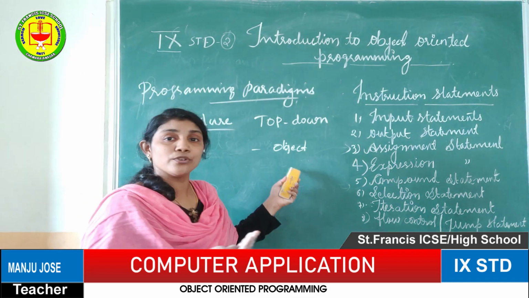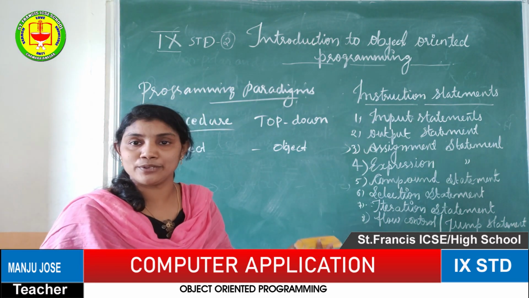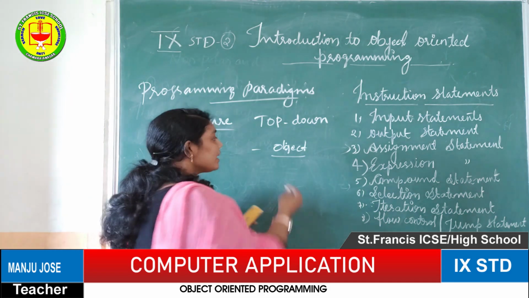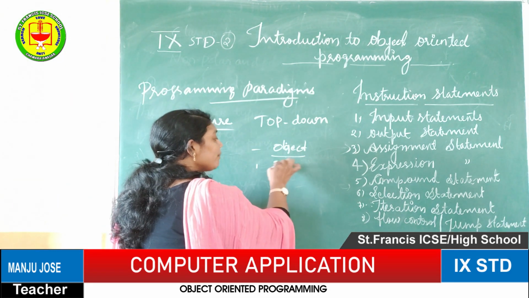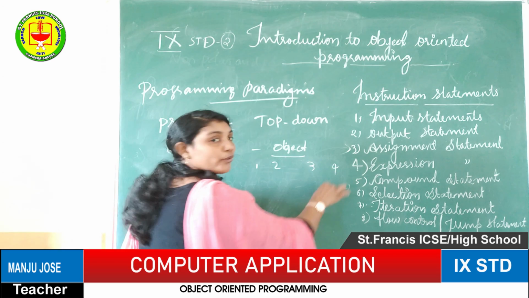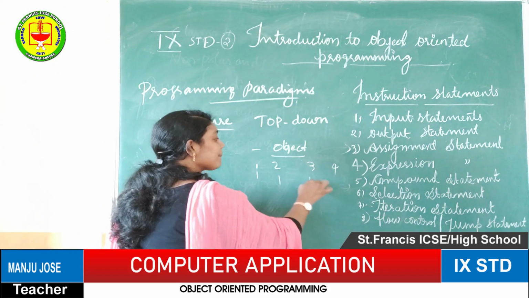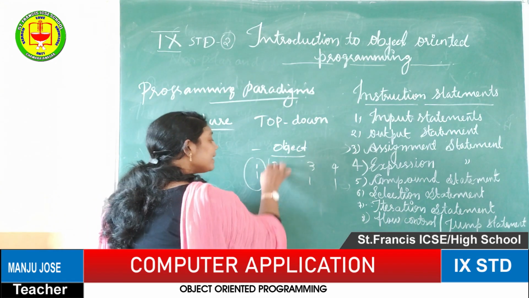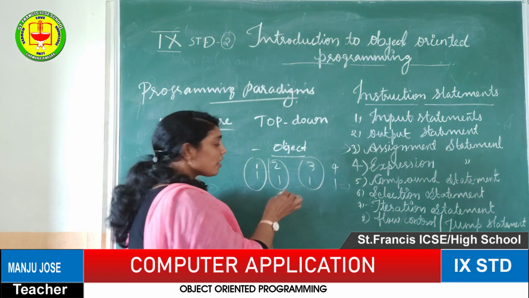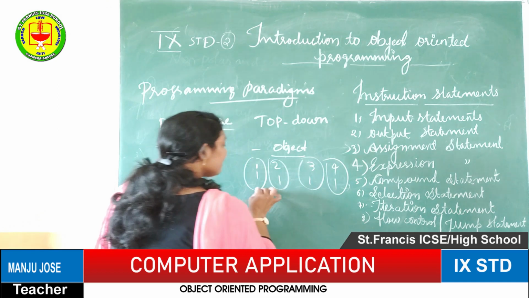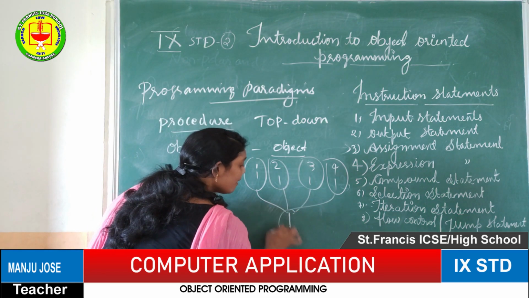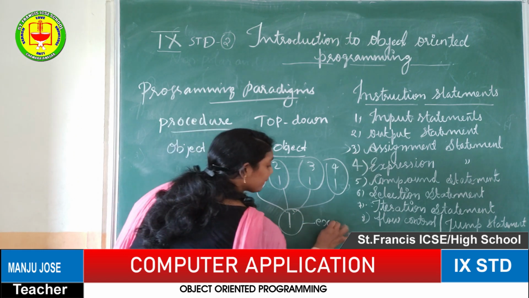Object oriented programming uses that methodology only. Different objects are called modules, so there is module 1, module 2, module 3 or module 4, and each module is represented by a different object. We write the program by different modules, finally compile all the modules together, and then execute the final part.